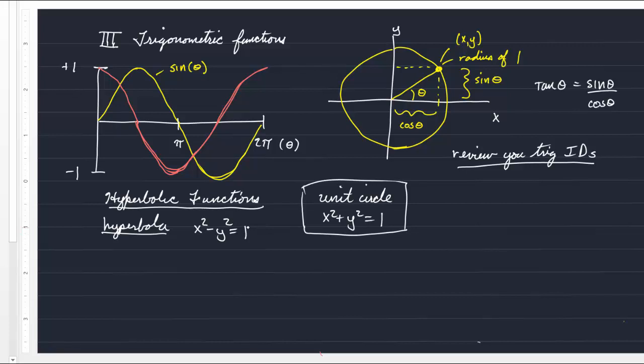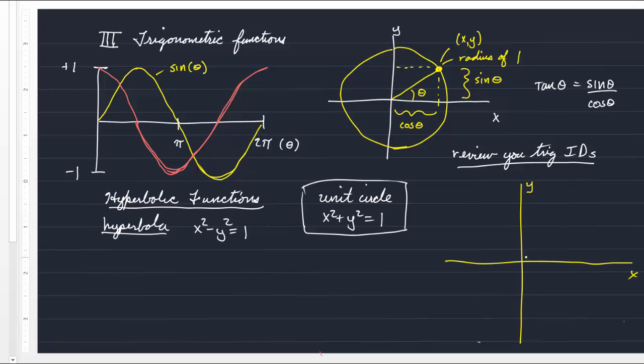So like trigonometric functions that relate x and y to angle theta, hyperbolic functions relate x and y to an angle about a hyperbola. So let's sketch a hyperbola so you have a visual picture of what these functions mean geometrically. Again, I'm sketching my x and y axes.